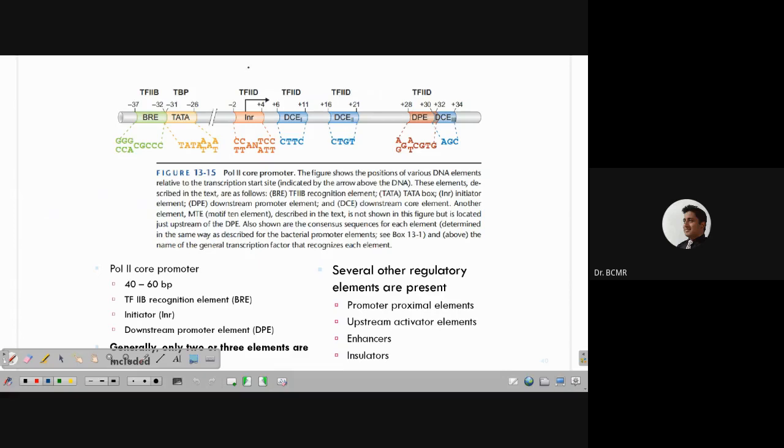So this is the first one. The broken arrow is the +1. That is the first base where transcription is initiated, and that region is called the initiator region. And I hope you remember we have a sequence in prokaryotes, like -10, which had a sequence TATAAT, right?